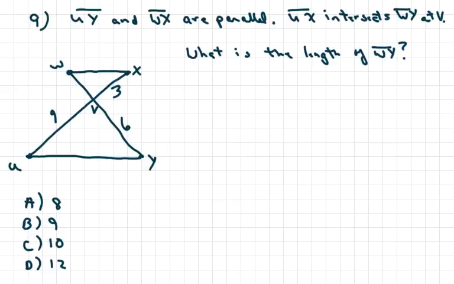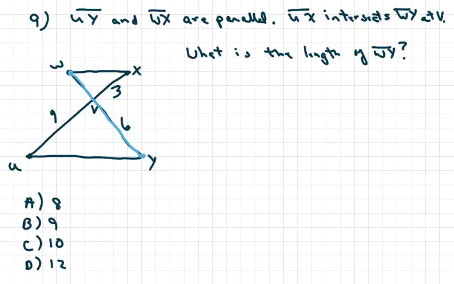Alright, and here's one more. We have this figure, and UY and YX are parallel. UX intersects WY at V, and they want the length of WY. So they want the length of this.